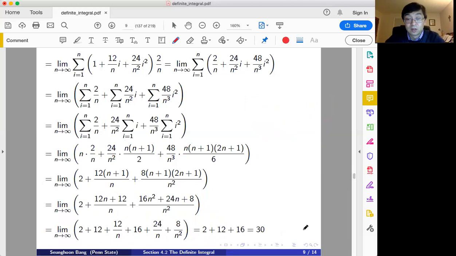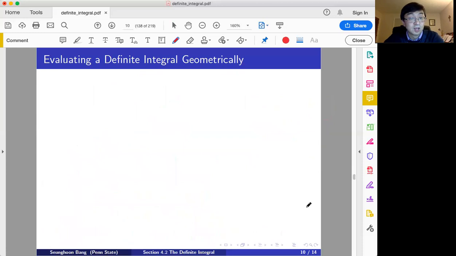The next one. We think about evaluating a definite integral geometrically. What does it mean? You can sketch the graph. We can use net area. The graph y equals f of x is given from a to b. What is the integral from a to b of f of x dx?